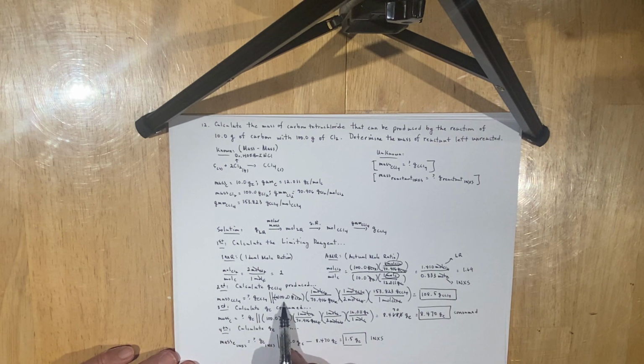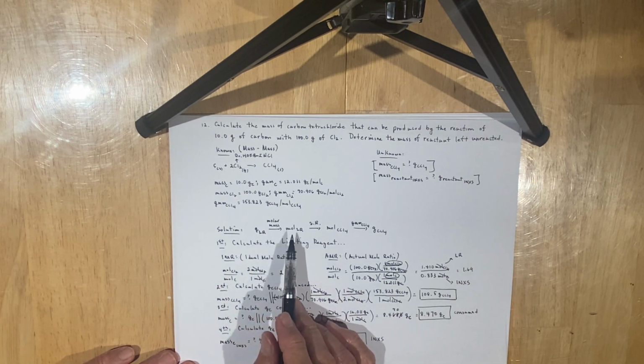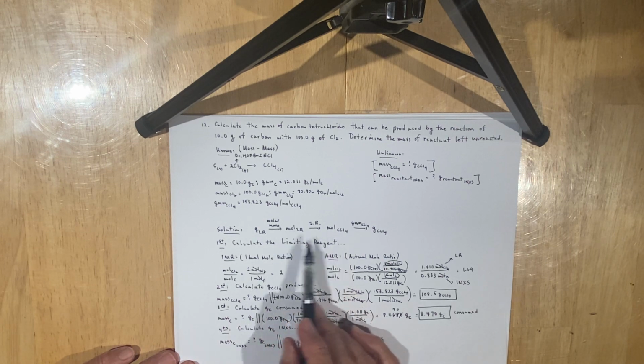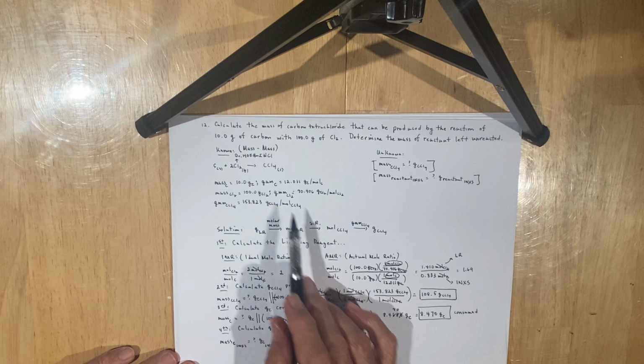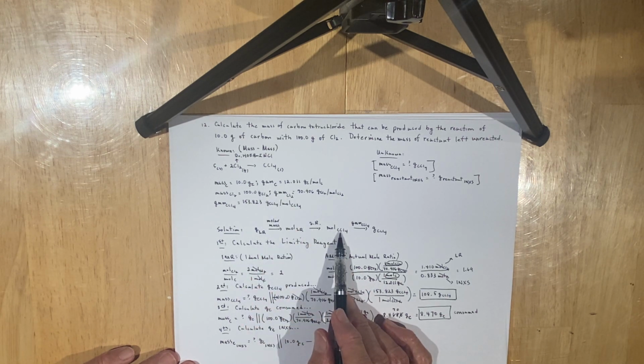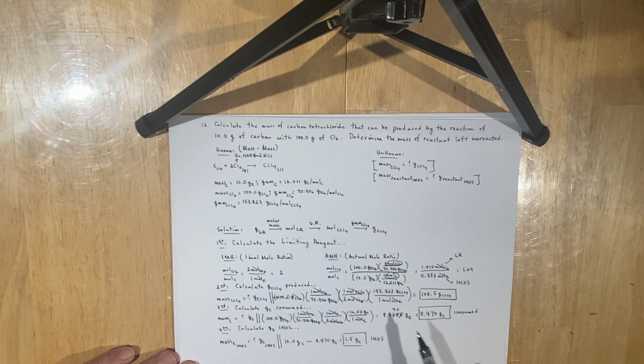We use the limiting reagent to predict how much product we can produce in the form of carbon tetrachloride, because grams of limiting reagent are converted to moles of limiting reagent using molar mass, which are converted to moles of carbon tet using the stoichiometric ratio, which is a 1-to-2 ratio.